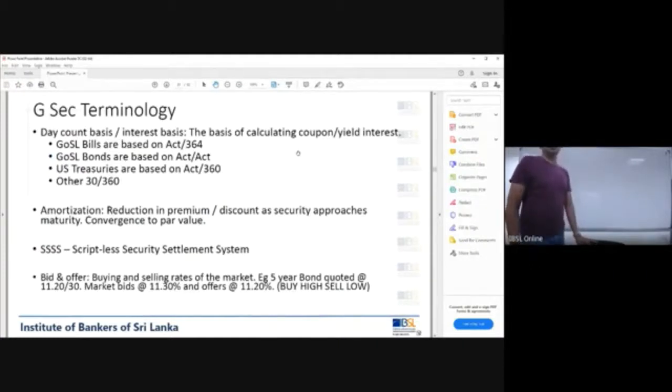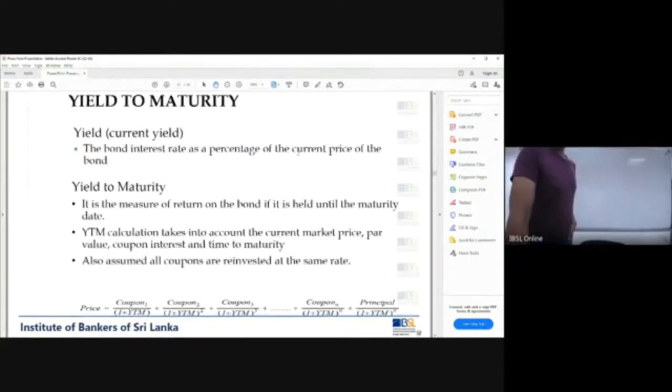Right, so I believe we discussed amortization, then skipped the securities. Now all bonds and bills, government securities are electronic. So there is no script. You won't receive a script. And this is where we stopped with the yield to maturity.